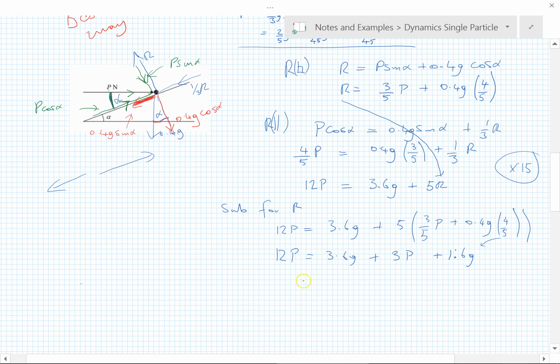Okay, so taking the p to the other side, I have 9p equals 5.2g. Let's write 5.2 as a fraction, 52/10 or 26/5g. So that means 9p is equal to 26/45g.